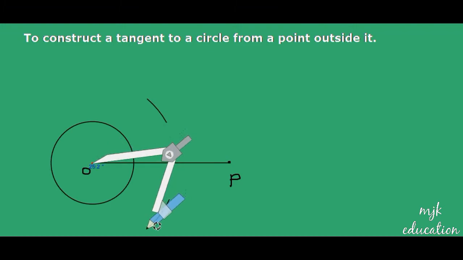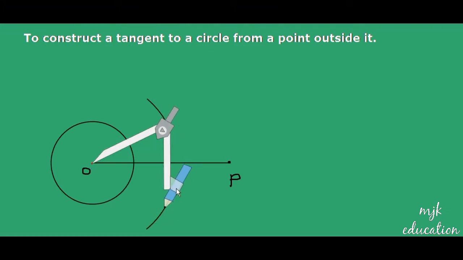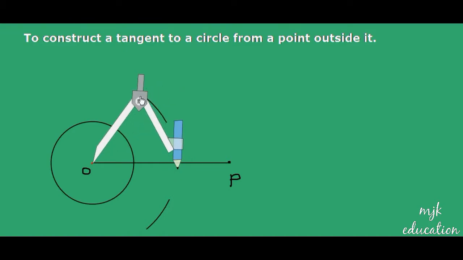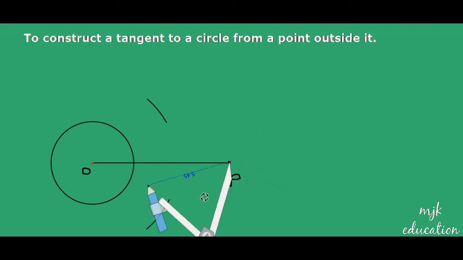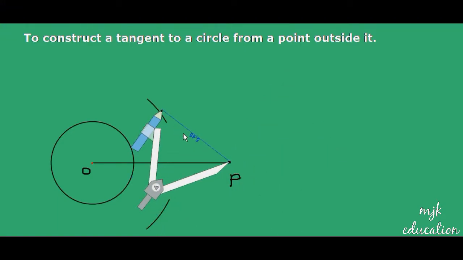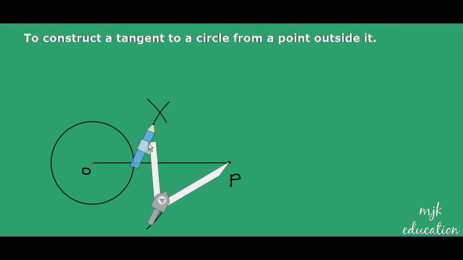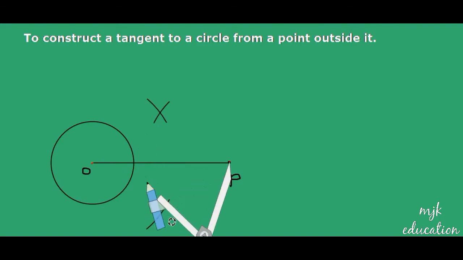Similarly, without changing the radius, I will do the same from point P, keeping the compass point on P and taking an arc like this. This is the first one, this will be the second one. Here we have completed the first part.